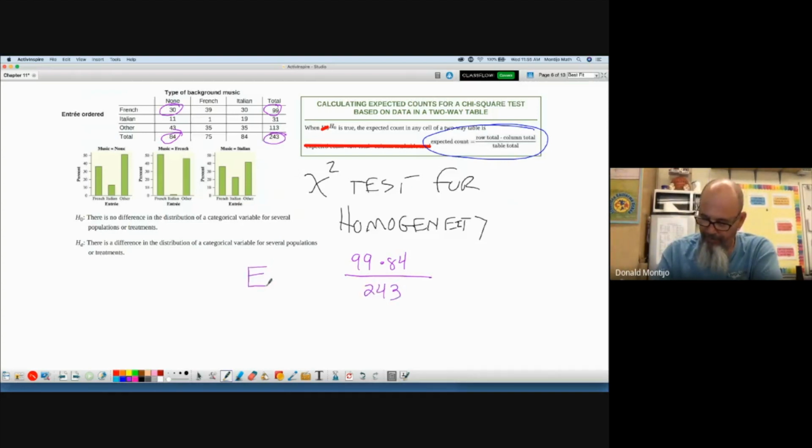So my expected for no music and French cuisine equals 99 times 84 divided by 243, which is approximately 34.22. That's my expected count for the French and no music being played.